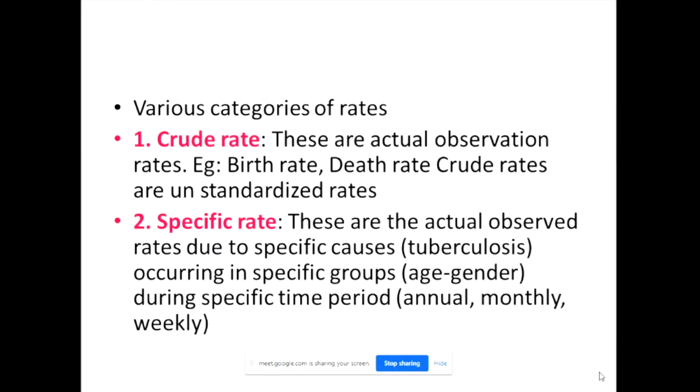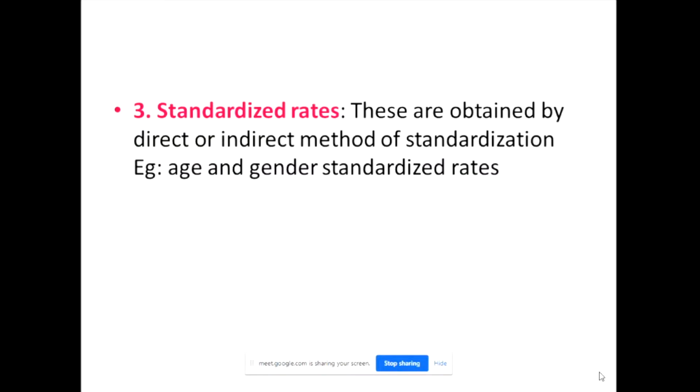So everything is well specified. While the standardized rate, these are obtained by direct or indirect methods of standardization. Age, gender, standardization rates. كلها بيها standards and you are just following the standards in counting the rate.